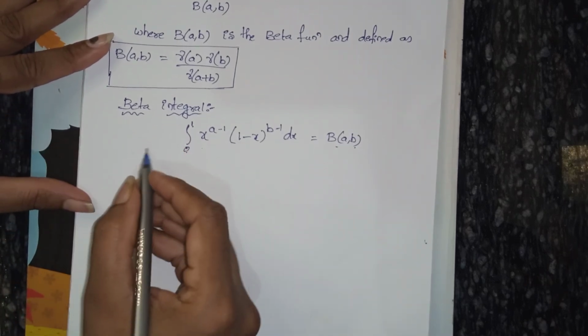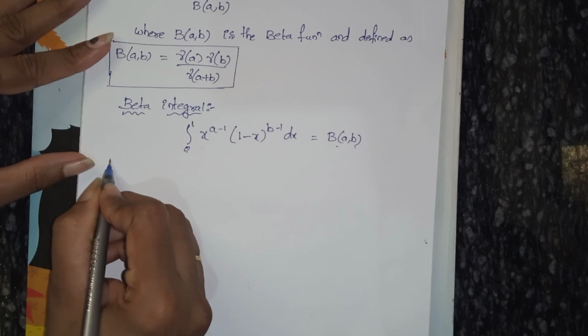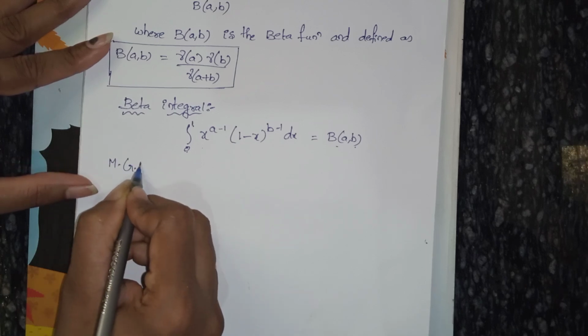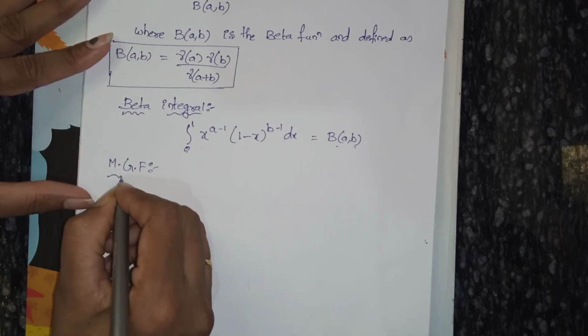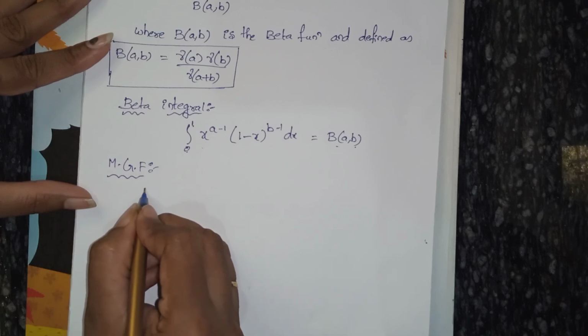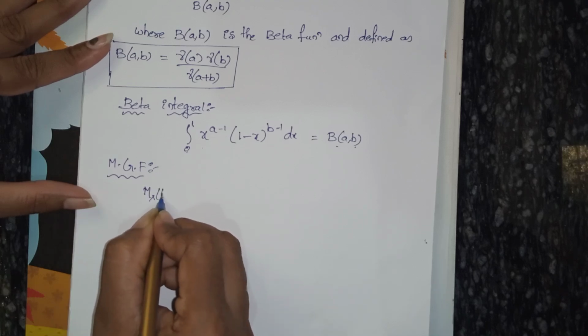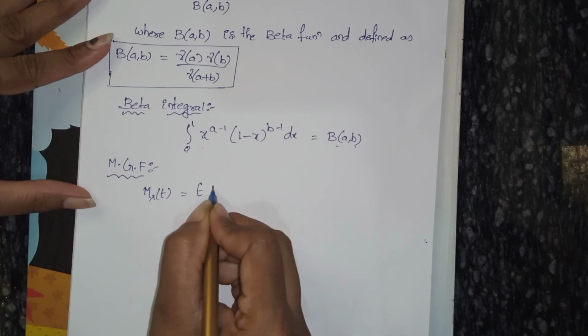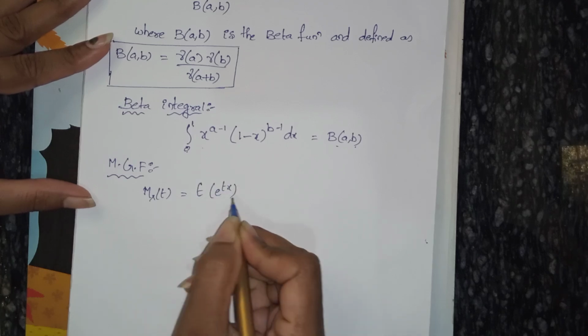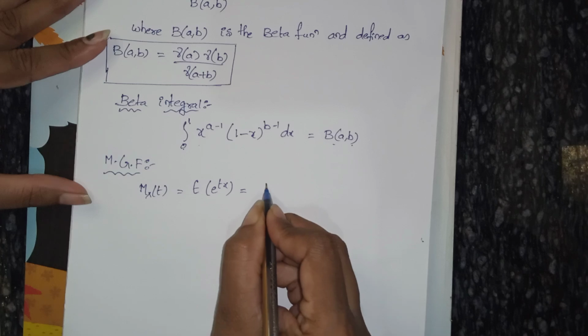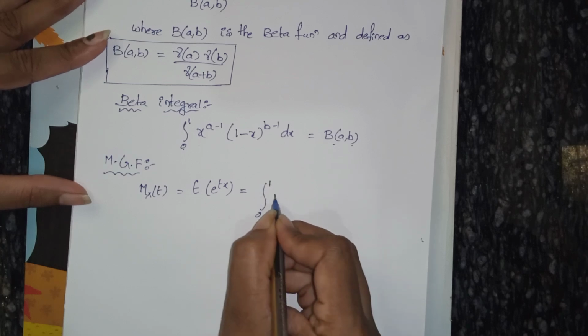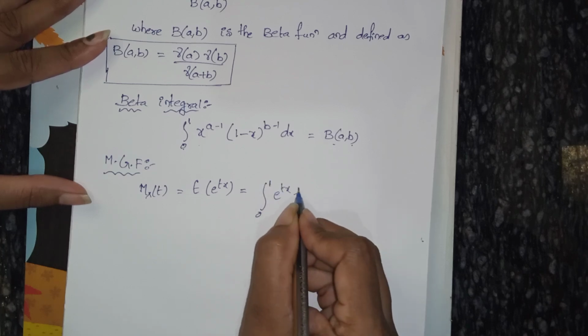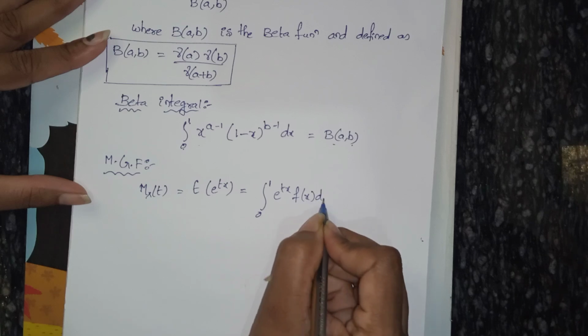Let's do it. Now the moment generating function is denoted with M_X(t), so M_X(t) equals the expectation of e to the power tX. This can be written as the integration from 0 to 1 of e to the power of tx into f(x) dx.